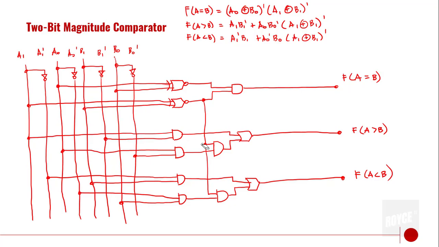So, medyo malaki yung ating truth table, pero kung bibilangin natin, ilang logic gates ang ginamit. So, 1, 2, 3, 4, 5, 6, 7, 8, 9, 10, 11, 12, 13, 14, 15 logic gates now. Okay?